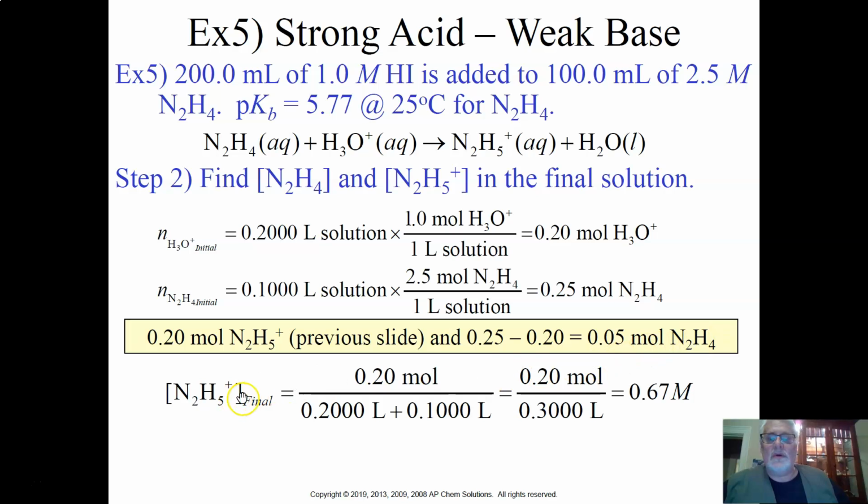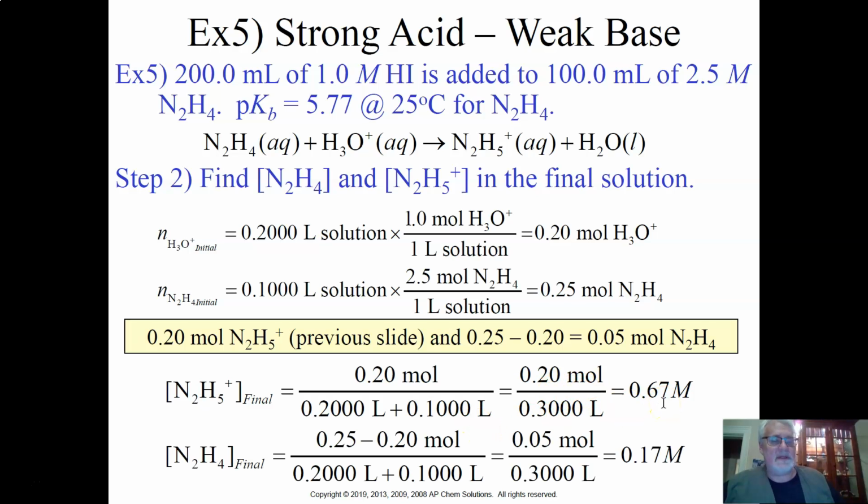Okay, so over that total volume, to figure out the concentration of the 0.2 moles, then you divide that by the total volume and you get 0.67, and this is what they were talking about right here for the N2H4. You just subtract them, and that's your excess right there.